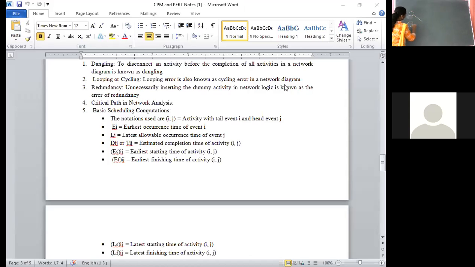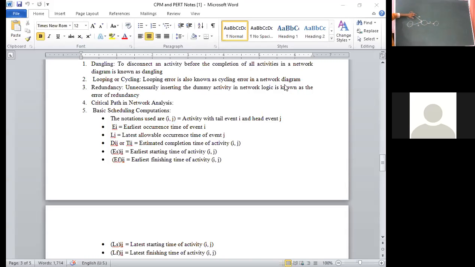Tell me, what is the meaning of this diagram? Here I have not represented the node names, whatever is starting or ending. Here, what are the preceding activities, students? And what is the succeeding activity? Ma'am, activities A and B are the preceding activities. Very good. C is the successor activity. Yes, very good.